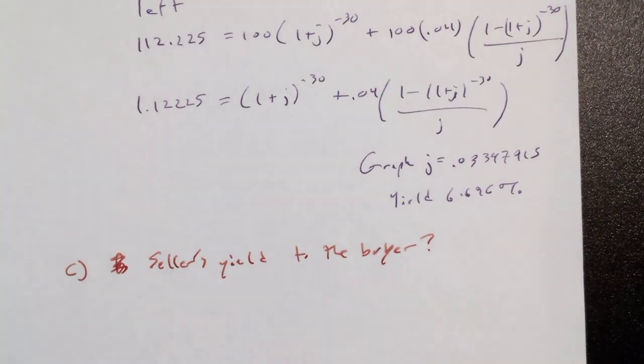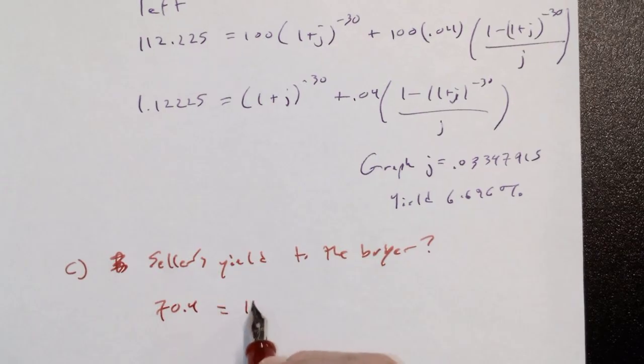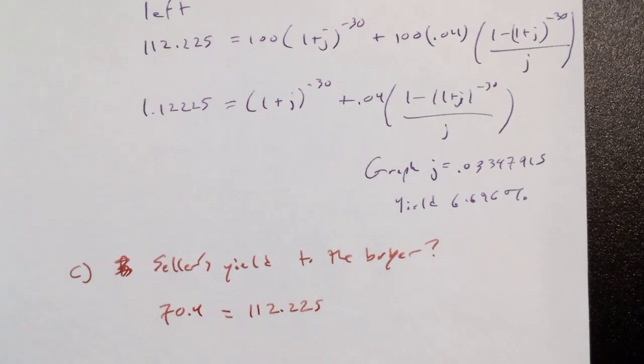So I paid 70.4. They bought at 112.225. How many years did I have it? I only had it for 5 years, and that means that only 10 periods went by.